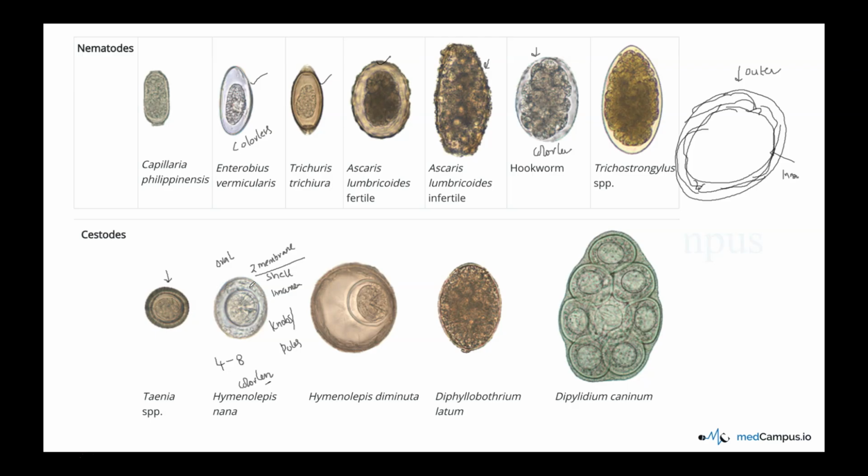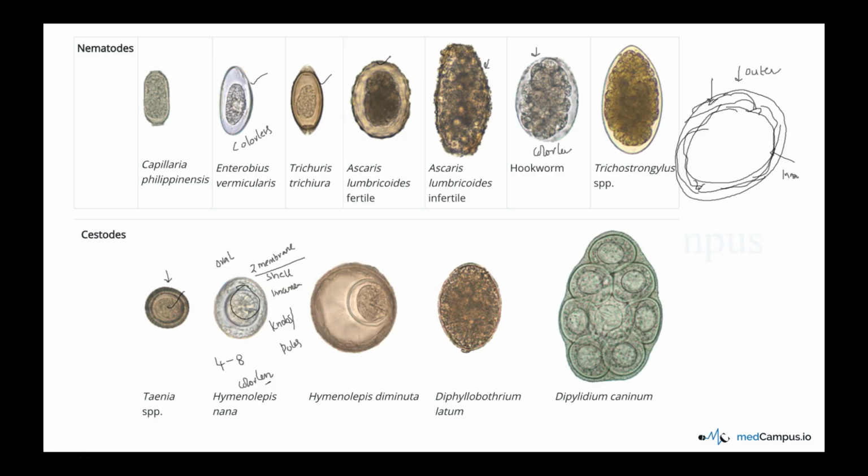And inside we have 6 hooks, or 3 pairs of hooks, similar to Taenia. The characteristic feature here is the polar filaments which we see, which helps you in differentiating Hymenolepis nana. Hymenolepis nana and Hymenolepis diminuta are two different species which can be differentiated by looking at the egg.